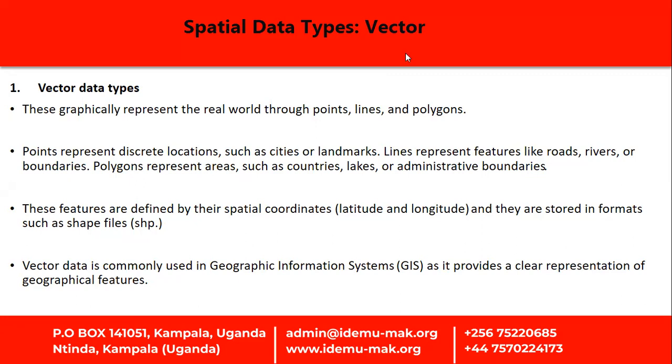For those that have done data collection, you have collected GPS coordinates one time. So all that falls under vector data. And vector data is mostly used in GIS systems. Yes, GIS is also used in prediction and analysis of spatial data.